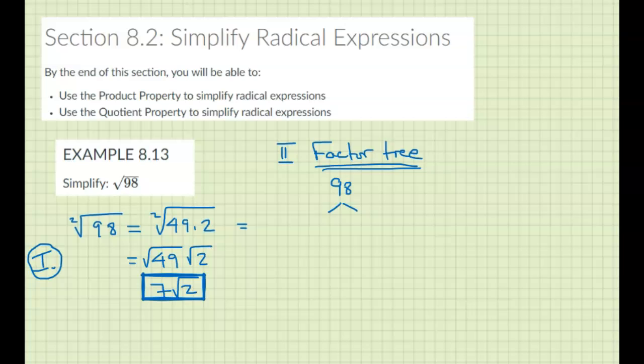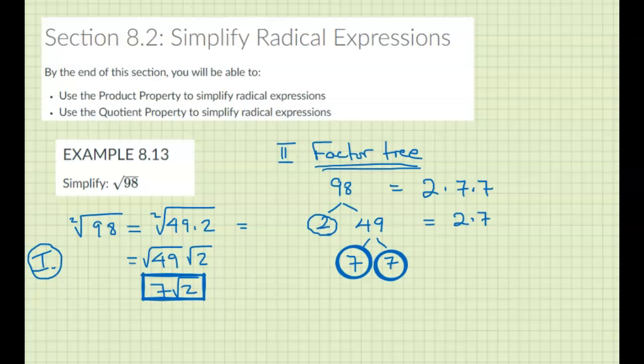If I divide by 2, I get 49. Circle the prime factor. 49 I can break up as 7 and 7. They're both prime, which means they can't be divided anymore. So we circle them. So 98 means 2 times 7 times 7, which is 2 times 7 squared.